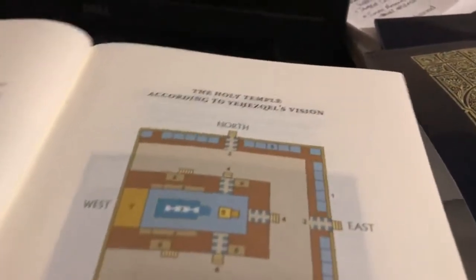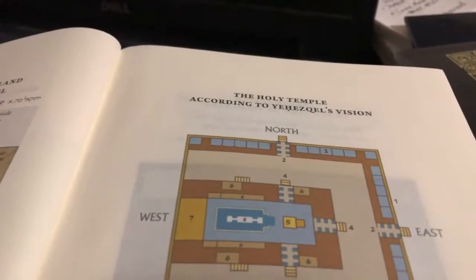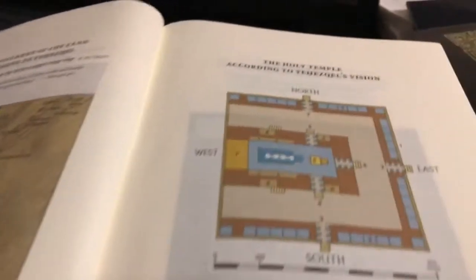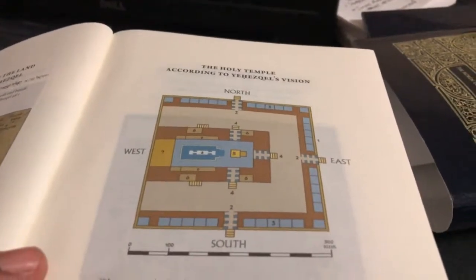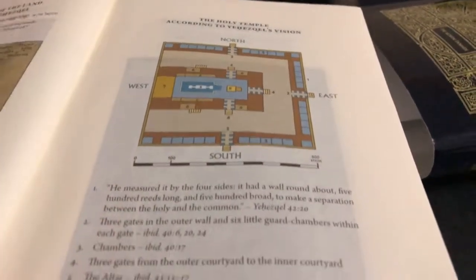But this is the Holy Temple according to Ezekiel's vision, right? Right, you can see it around here. So, yeah, this is the settlement, and then I think there's another one too. And then these are the generations of Abraham, Isaac, and Jacob.